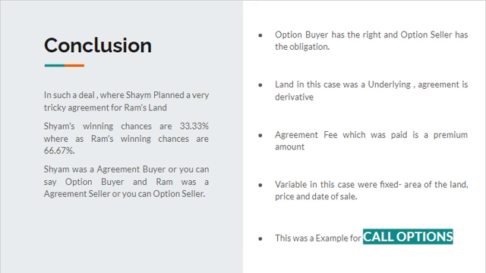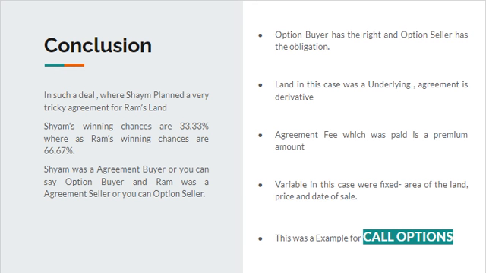How? When we buy an option, we pay an amount, right? 50 into the premium amount, whatever it is running. So whatever we paid is the premium amount, the agreement fee. What is 50 of Nifty? 1 acre of the land is 50 shares of Nifty.